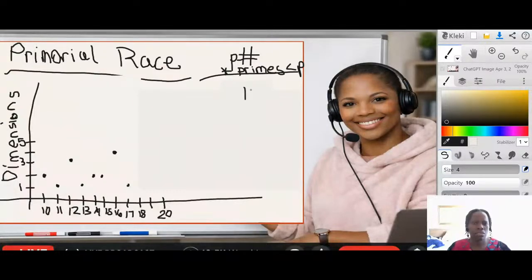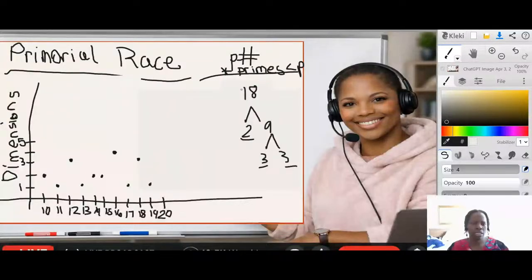Let's look at the factor tree for 18, which is 2 times 9, and 9 is 3 times 3. Okay, so that's 1, 2, 3, the third dimension. And then 19 is prime, so it's down on level 1.